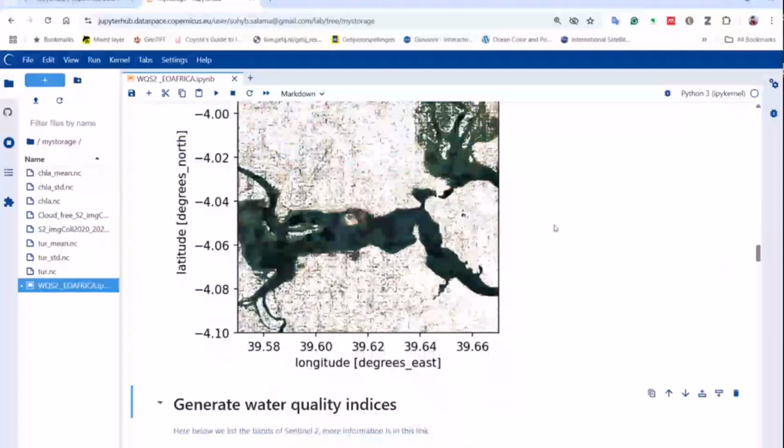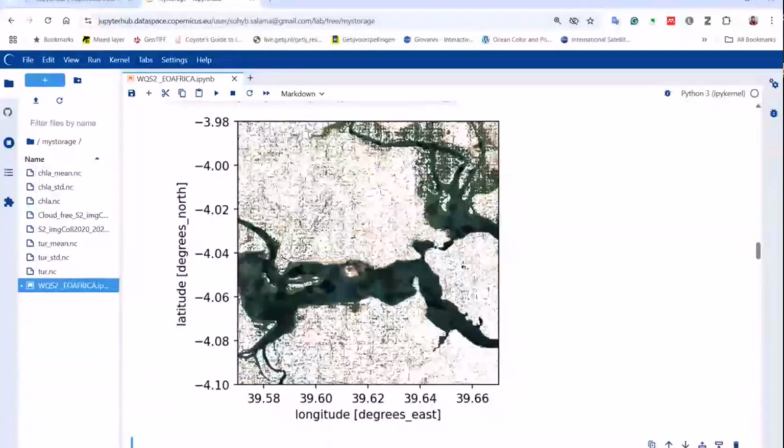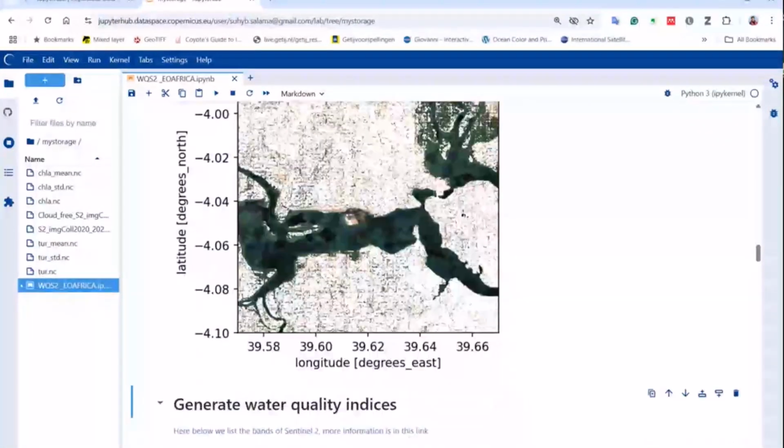And here you see that the water mask is not really good. This is very important for us to notice. So basically if we wanted to mask the water, we have to do additional processing.